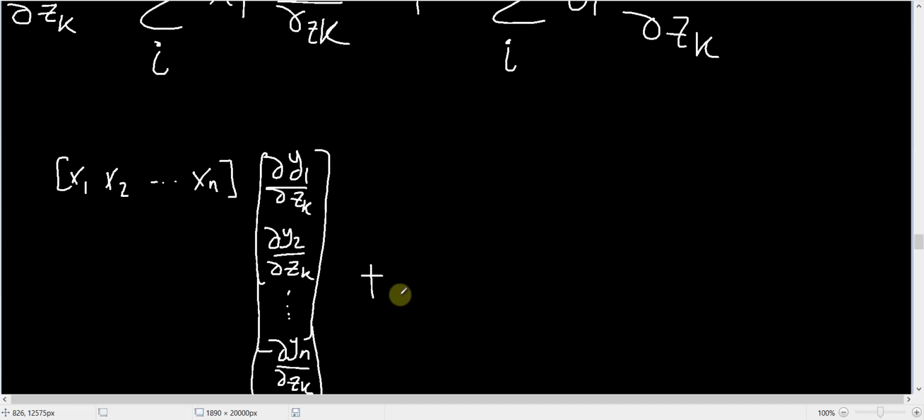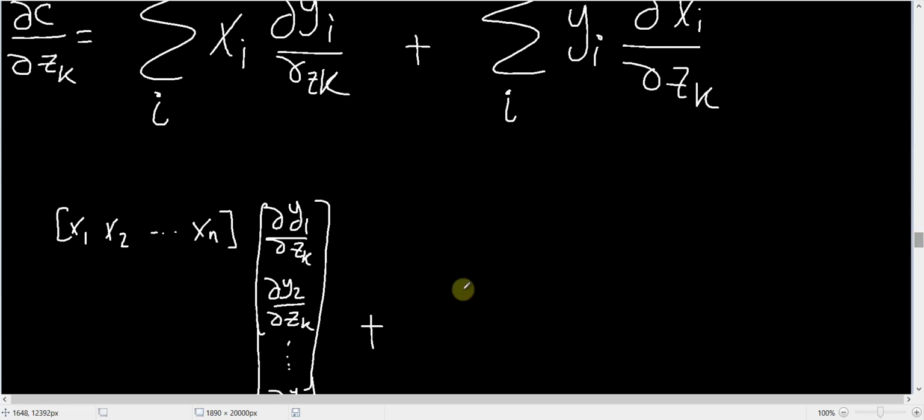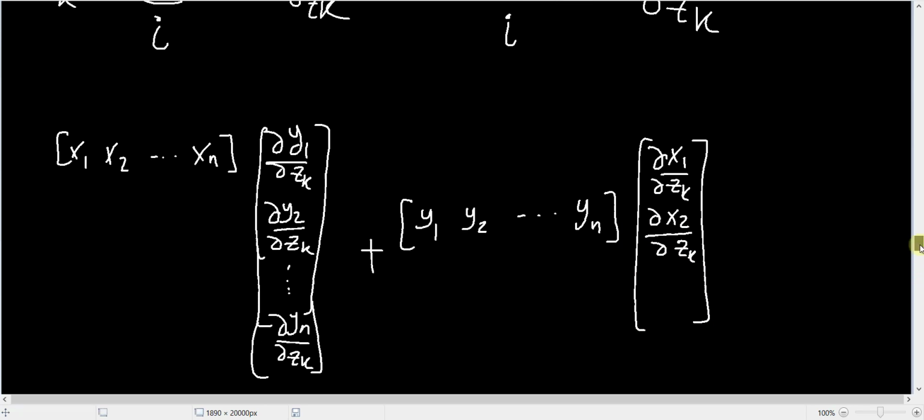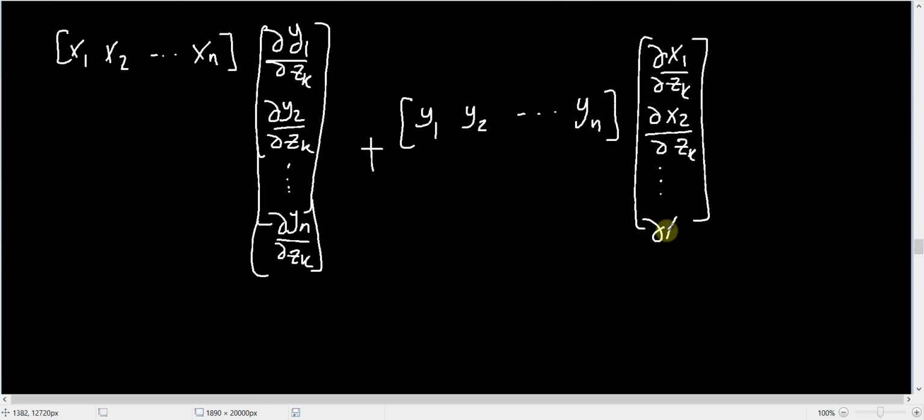Now the second term is also a dot product between y1, y2 up to yn multiplied by a column which is partial x1 by partial zk, partial x2 by partial zk, up to partial xn by partial zk. So this is the second term.